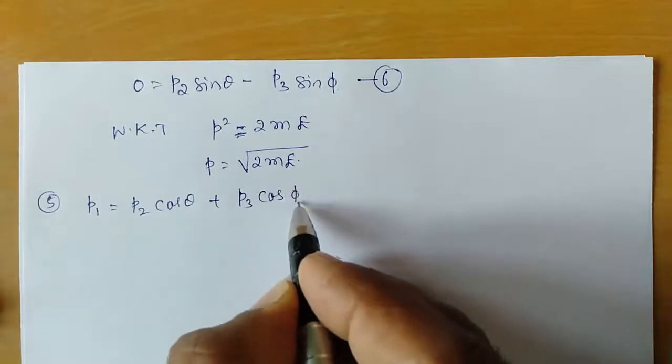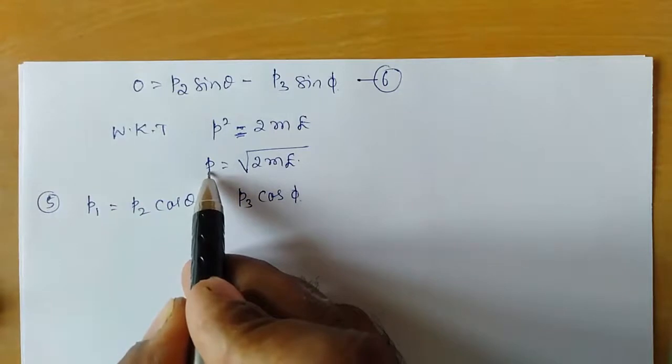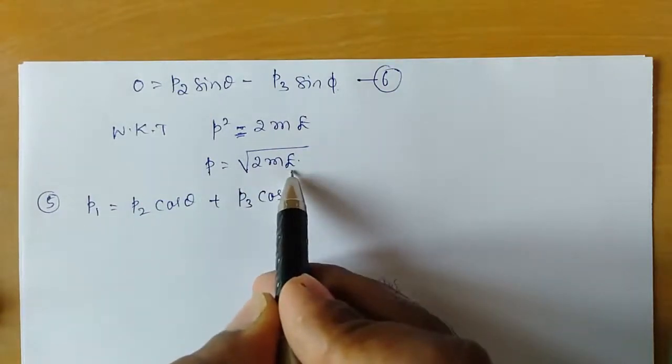So this is the value of equation number 5. So now I am going to substitute this value of momentum in terms of energy. Why? Because why we are using the law of conservation of energy means we need the expression for the energy of the residual nucleus, which is very less. So we are using the law of conservation of linear momentum to calculate E3.